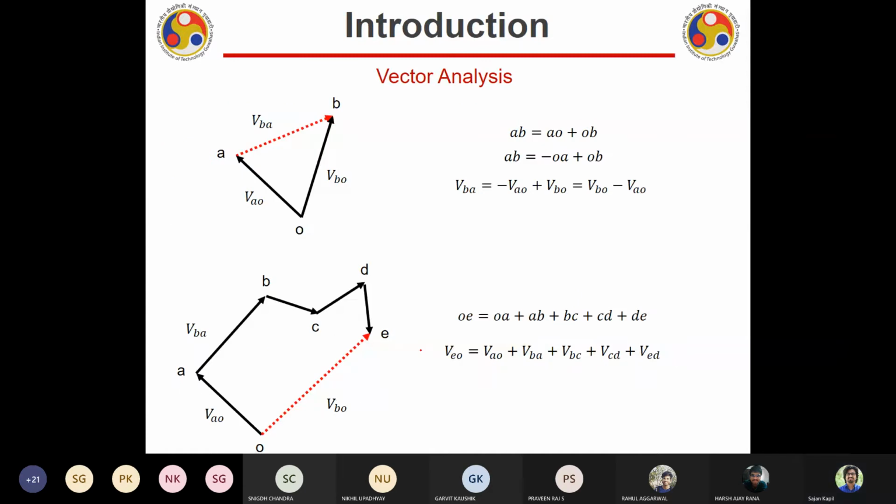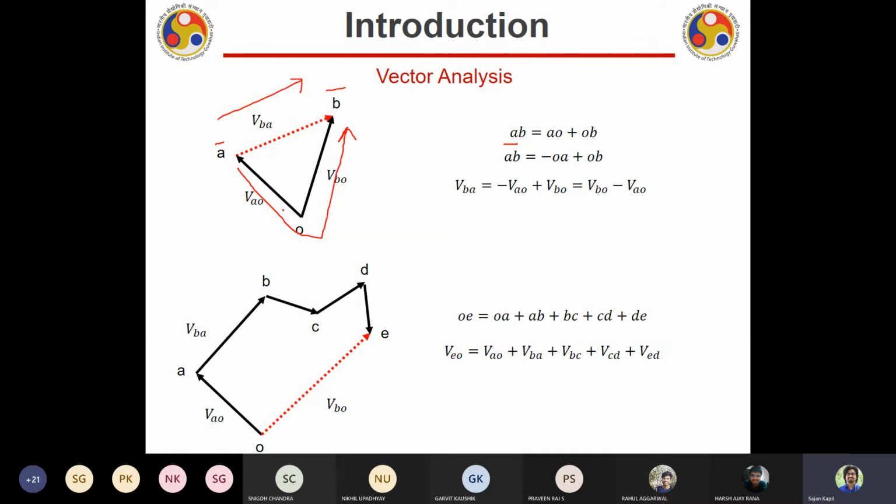Fine. So now let us just see very basic things. You already know that if I want to write a vector AB, I can decompose it in this form, that AB will be equal to AO plus OB. What I always remember is: if I want to go from A to B, another path of going from A to B will be AOB.